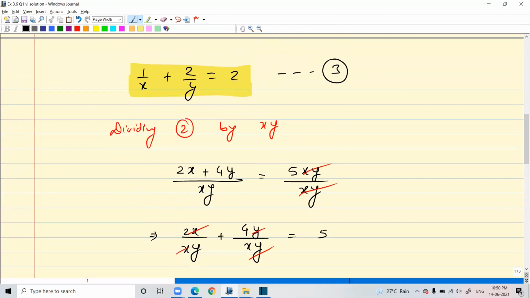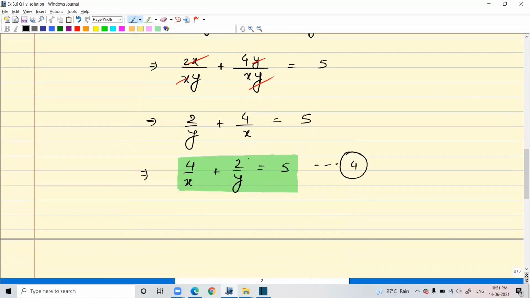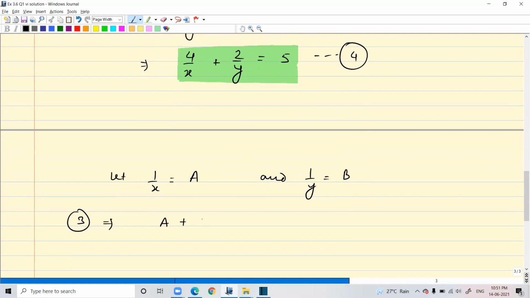So 1 by x is a, so this becomes a, and 1 by y is b. So there's a 2 in the numerator, so it will become 2 times 1 by y, so it will become 2b. So a plus 2b is equal to 2. RHS is same. That is what we need to rewrite as the third equation. And we need to solve this equation.